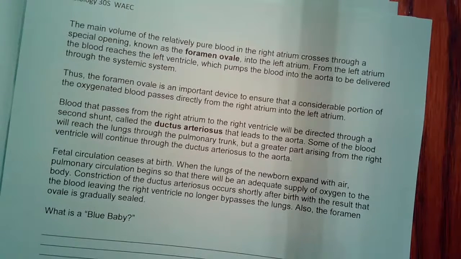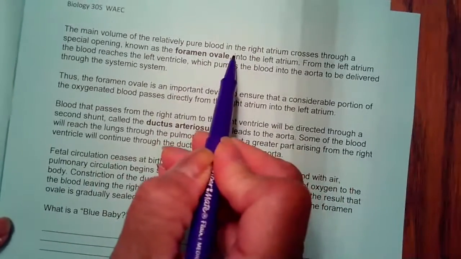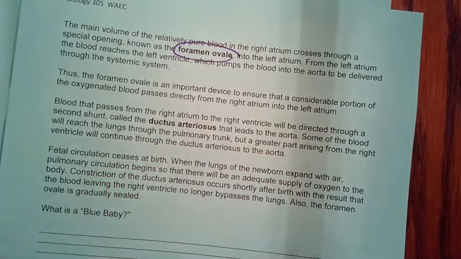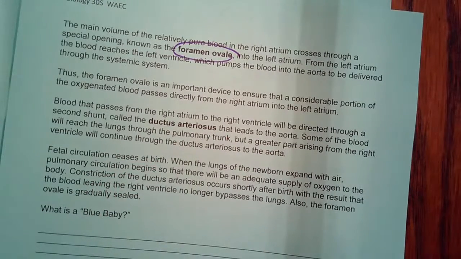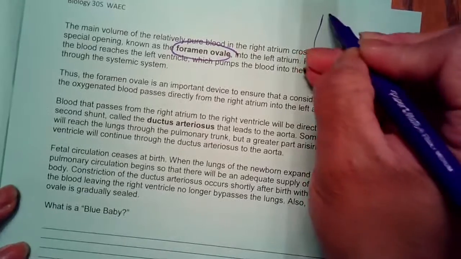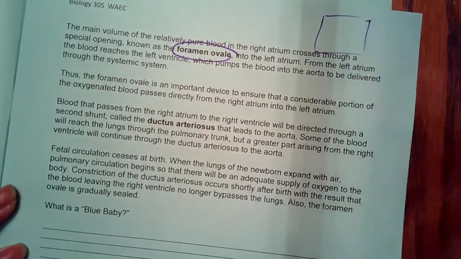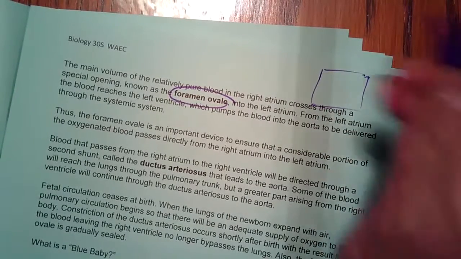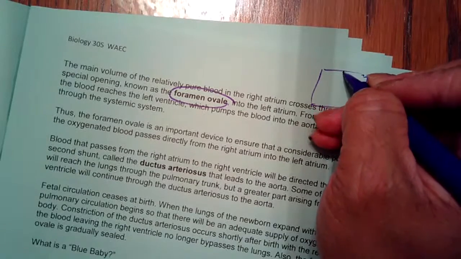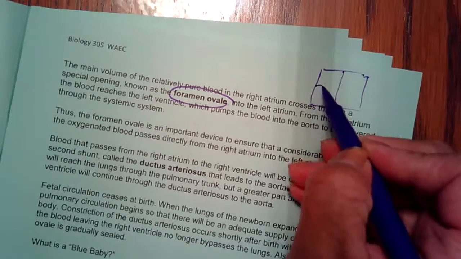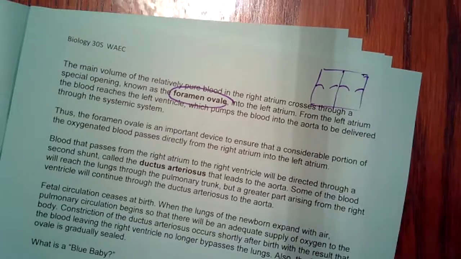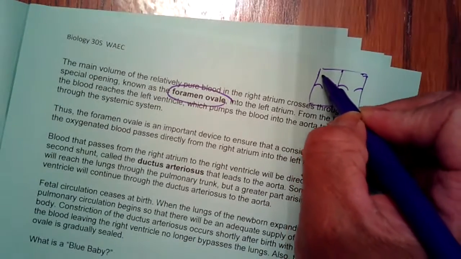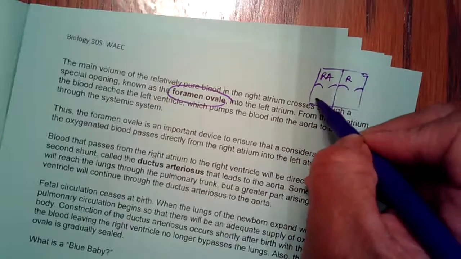So the two special openings that allow the fetus to do the circulation begin with the foramen ovale into the left atrium. Essentially, let me make a small simplified diagram here. If this is the heart, I'm making it very simple here. Once the baby is born, you actually have four different chambers. So this is the right atrium, and this is the right ventricle.